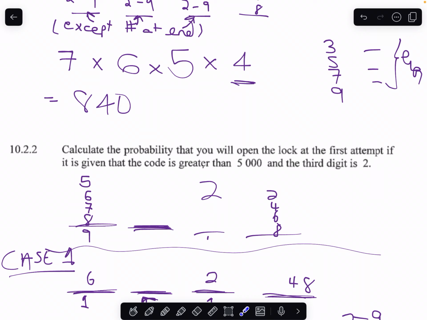This question is not giving, sure. Calculate the probability that you will open the lock at the first attempt if it is given.